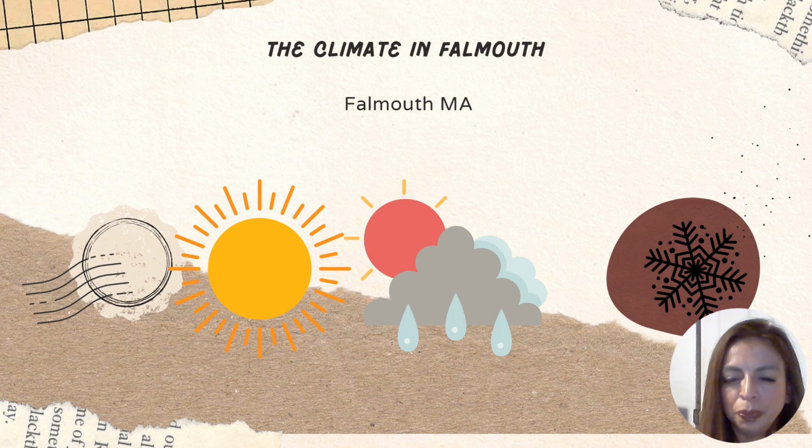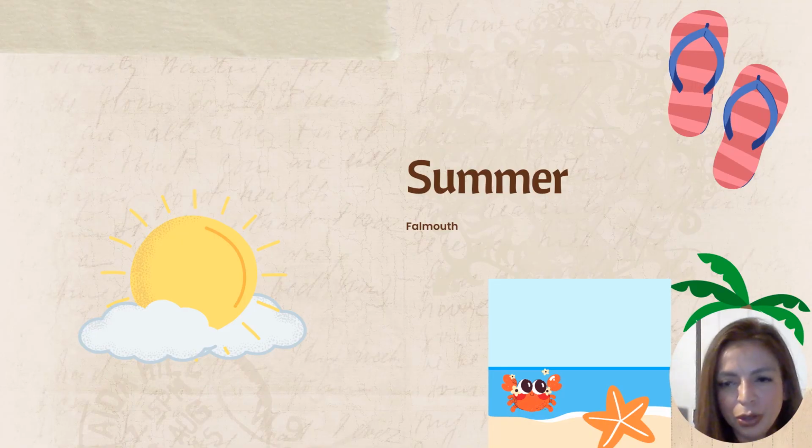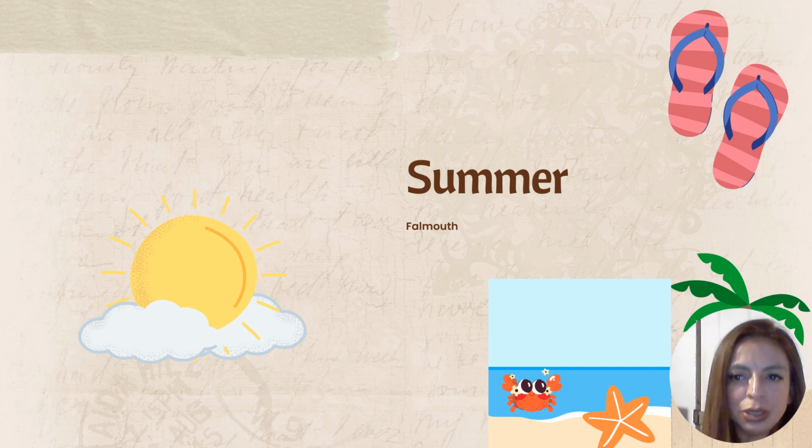So to continue, we're going to talk about the summer. Summer basically is the hottest of the four temperate seasons, occurring after the spring and before the autumn.